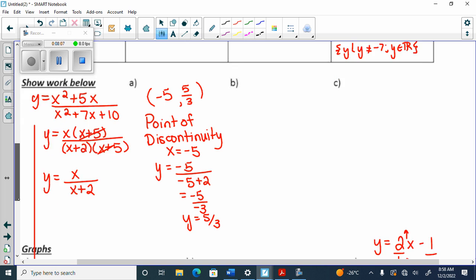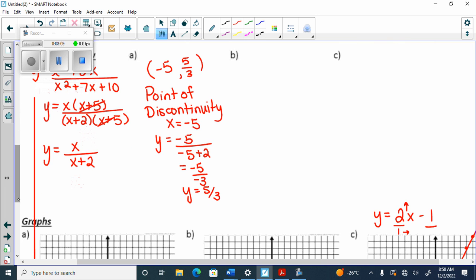So my vertical asymptote's the easy one, because the vertical is the x one, and it's just where the non-permissible value is. So it's going to be x plus 2 can't equal 0, because your denominator can't equal 0. So x can't equal negative 2 is the domain.